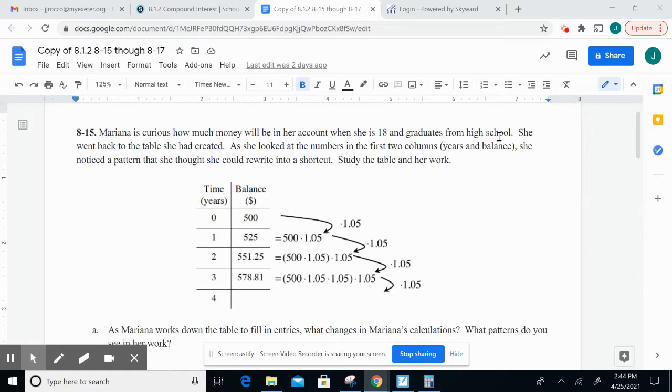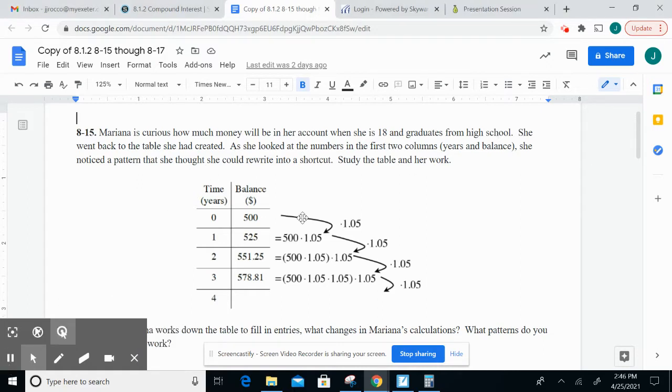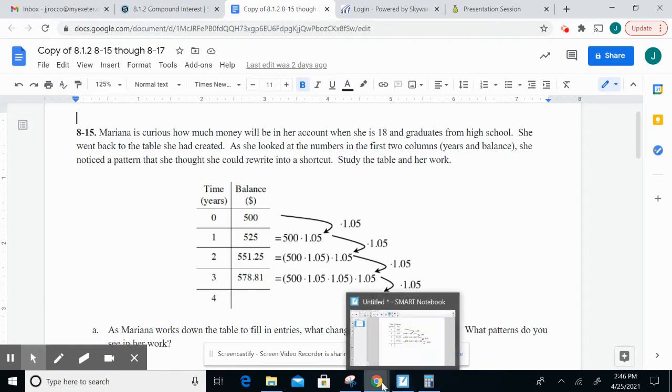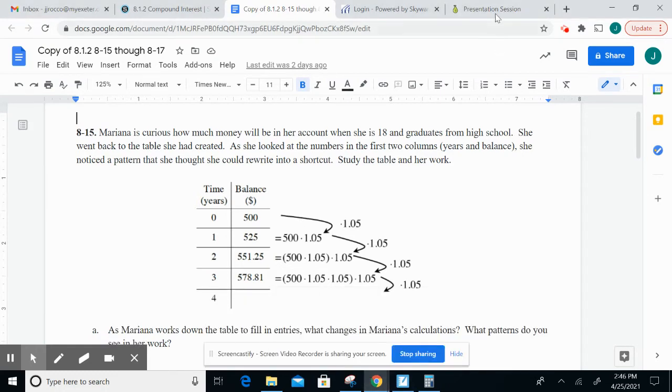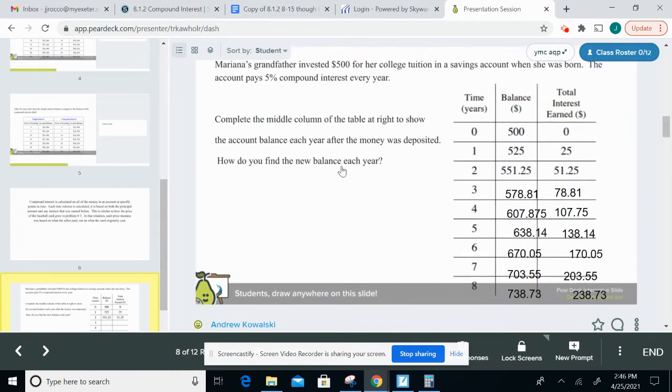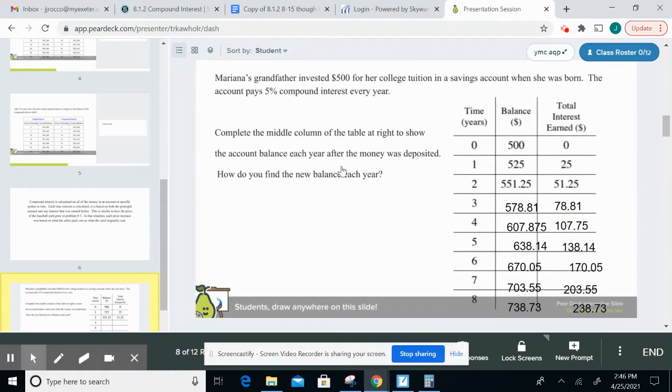So if you remember from the other day, we had a table that looked like this, where it says her grandfather gave her some money, 5% interest every year, and it's compound interest.